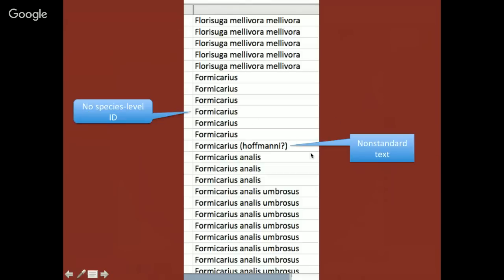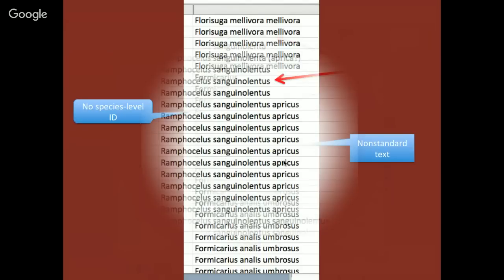And then also in some records like this Formicarius and then hoffmanni in parenthesis with a question mark, that's non-standard text, and that's going to cause us trouble if we try to use these data for something. If it's for a completeness analysis, it can even show up as a unique record and bias our completeness calculations downward. Let's keep going.